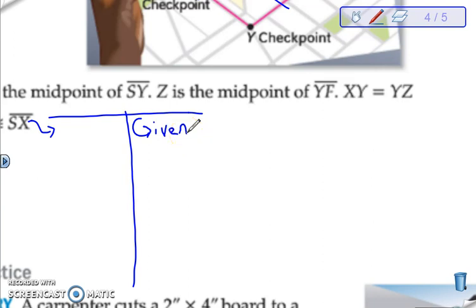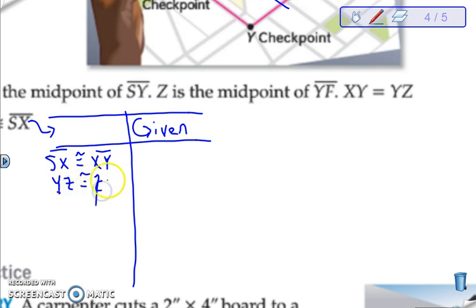We remember that midpoint means it's exactly in the middle. So that tells me that SX has to be congruent to XY, and that YZ has to be congruent to ZF. And that is the definition of midpoint.